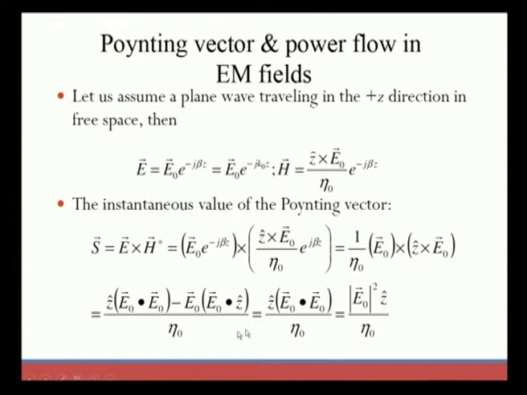This will be rewritten like this, using a formula, and multiplying by 2, which will give this. Finally, we get E square divided by eta naught into z as the instantaneous value of the Poynting vector when a plane wave is moving in the plus z direction.